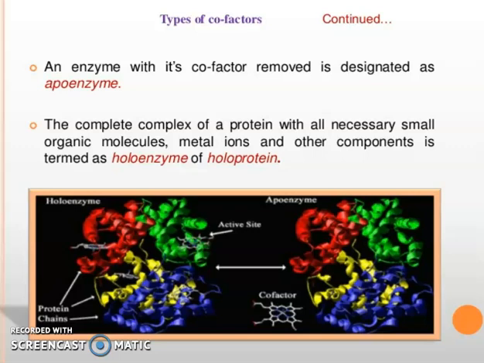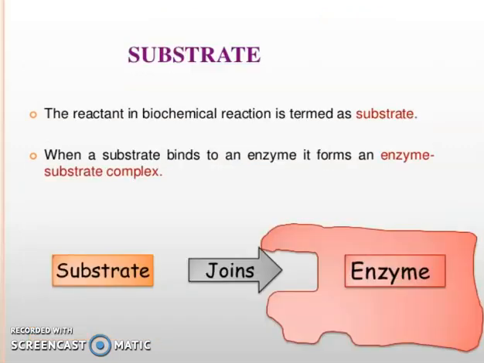So, friend, an enzyme with the cofactor removed is designated as an apoenzyme. This is a new term, apoenzyme. The complete complex of protein with all necessary small organic molecules, metal ions, and other components is termed a holoenzyme or holoprotein.